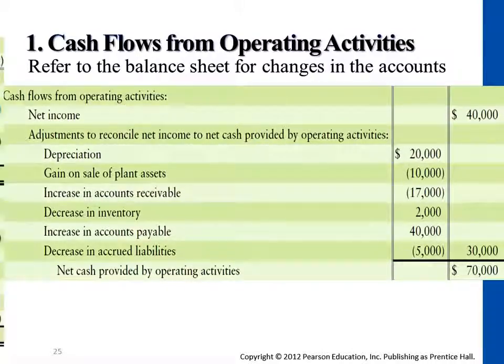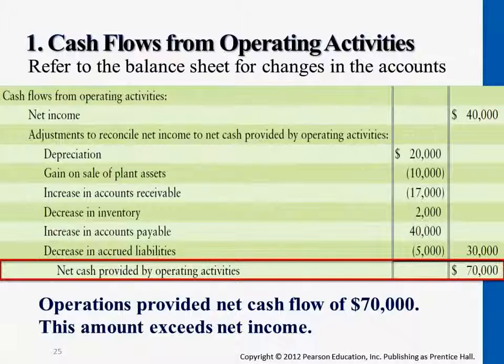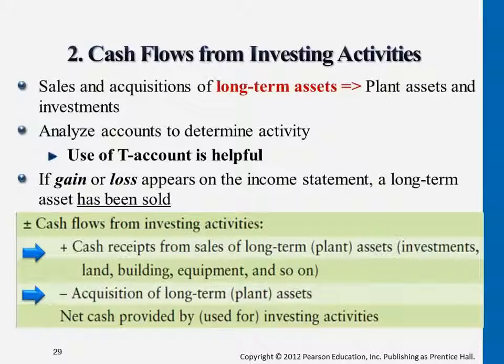Okay, let's take a look at the investing activities. The second section, investing activities, relates to only two types: any cash that we received from selling plant assets and any cash that we paid out by acquiring long-term assets.